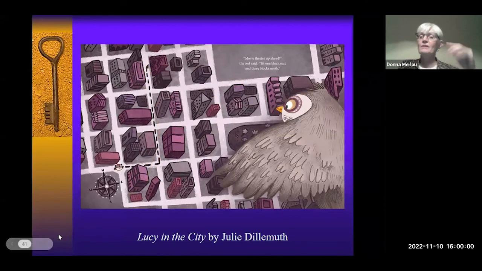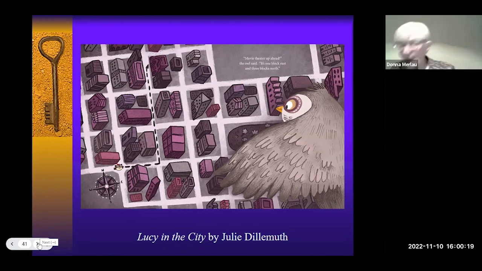So Owl is flying like Crow flew over the area and is telling her, hey, Lucy, if you go, right, the movie theater is a few blocks east, right? It's 1 block east and then 3 blocks north. So that tells her how she needs to move. That's an orientation kind of thing.